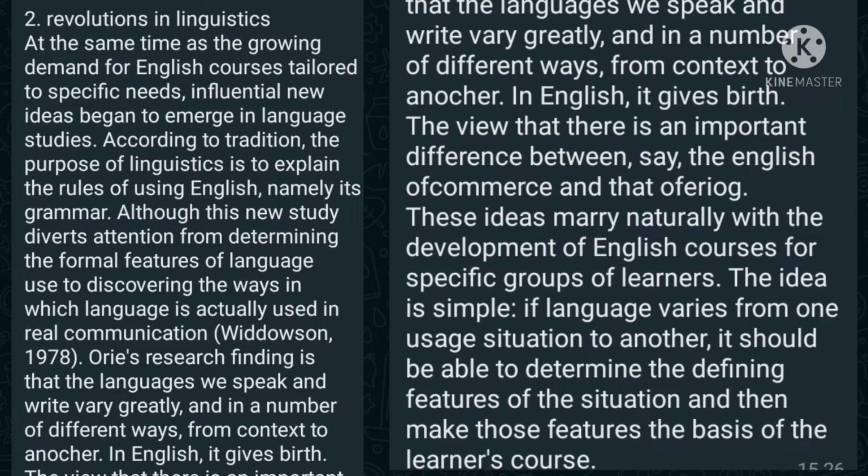Number 2. A revolution in linguistics. At the same time as the demand was growing for English courses tailored to specific needs, influential new ideas began to emerge in the study of language. Traditionally, the aim of linguistics had been to describe the rules of English usage, that is, the grammar.